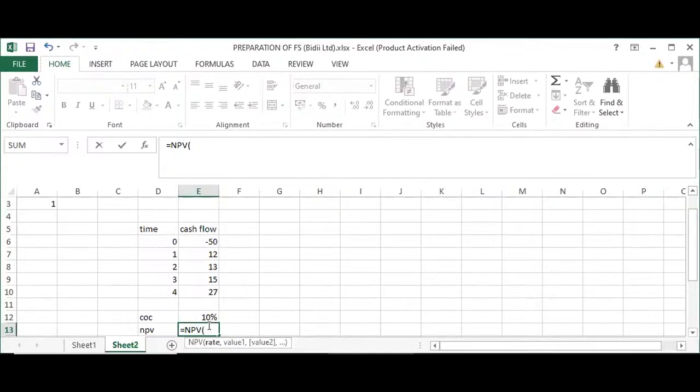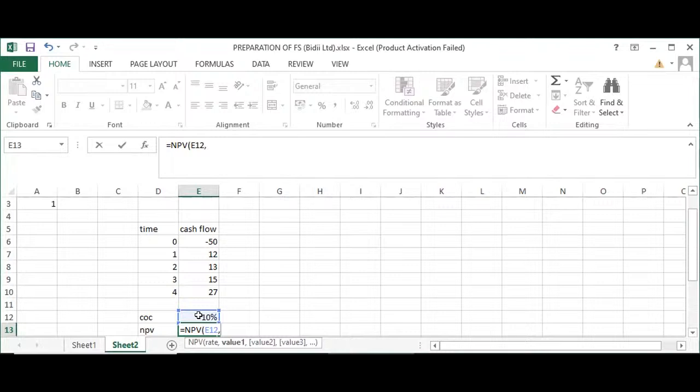Great. Now you can see they are telling you pick the rate. The rate is the cost of capital. Pick that 10%. Then they want you to say comma, isn't it? So you say comma. Comma ya chini.